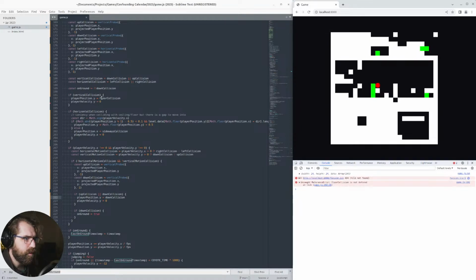Whoops. So this is kind of awkward. I should really clean this up a whole bunch, but regardless of whether I'm doing an upwards collision or down collision, up and down contain the same number. They're actually a number, not true or false. It's what position I should go to. It's null if there is no collision, and otherwise it's the position of where I should go.